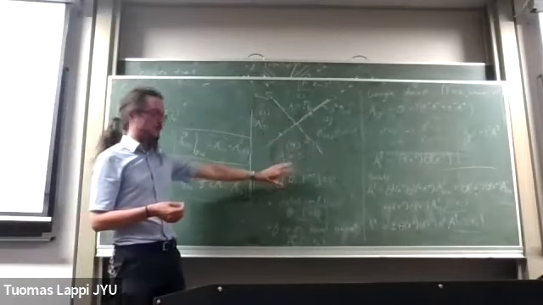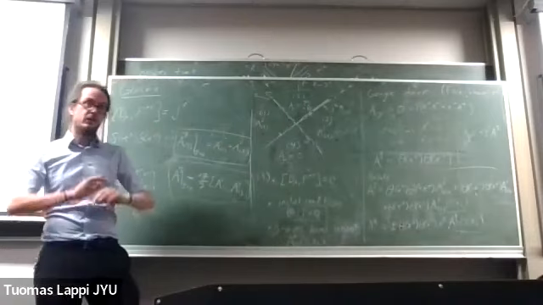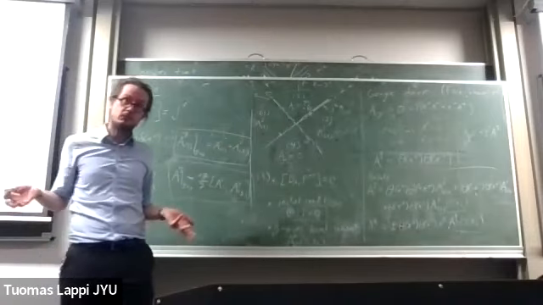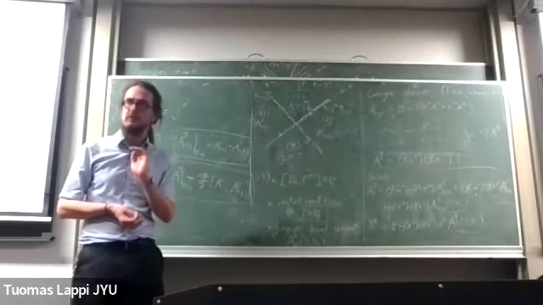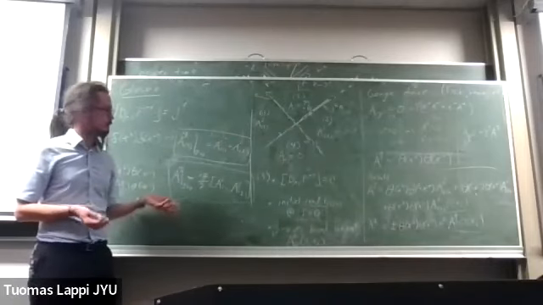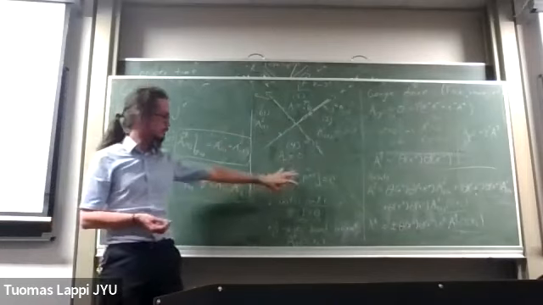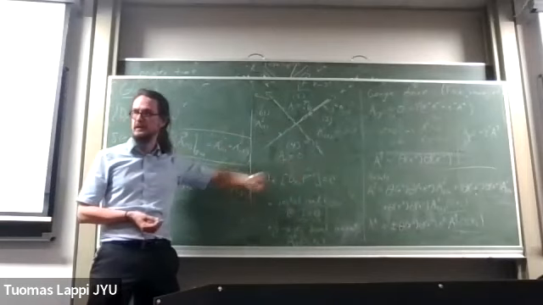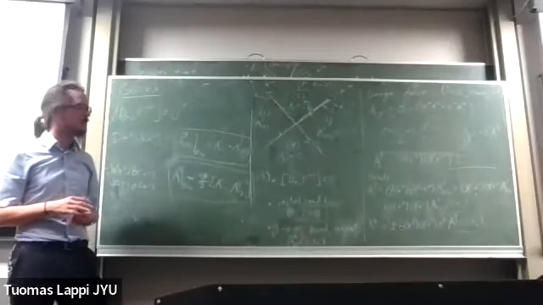Solving this equation of motion, you can do analytically only in some linearized approximation, which enables you to understand a lot of stuff. But you can also do it fully numerically, putting this on the lattice and then solving it as a numerical equation.